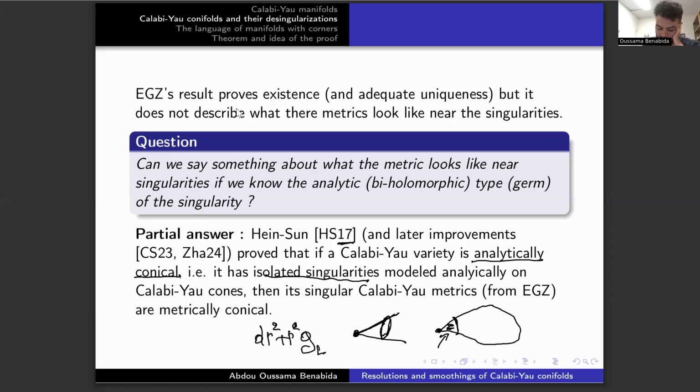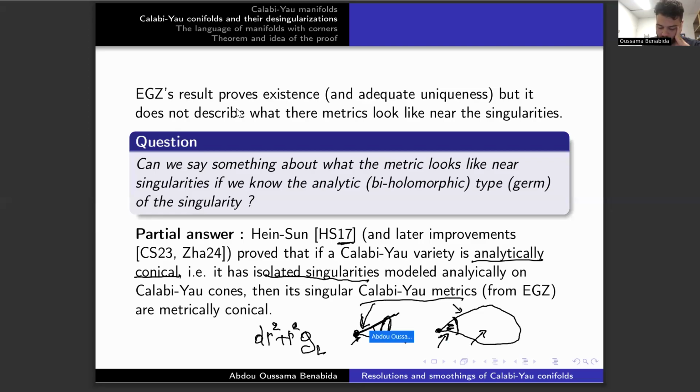So if we suppose that a Calabi-Yau variety has singularities which are locally like a neighborhood of the vertex in a Calabi-Yau cone, in the analytic sense, in the complex sense, then any Calabi-Yau metric on it is locally asymptotic.